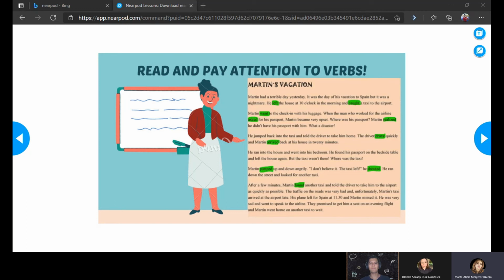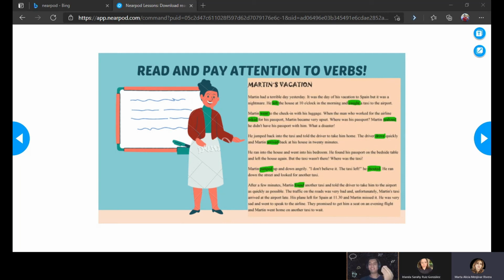They promised to get him a seat on an evening flight, and Martin went home in another taxi to wait. What a sad story. Yes, I think that happens usually in the airport. So unfortunately, Martin missed the flight.